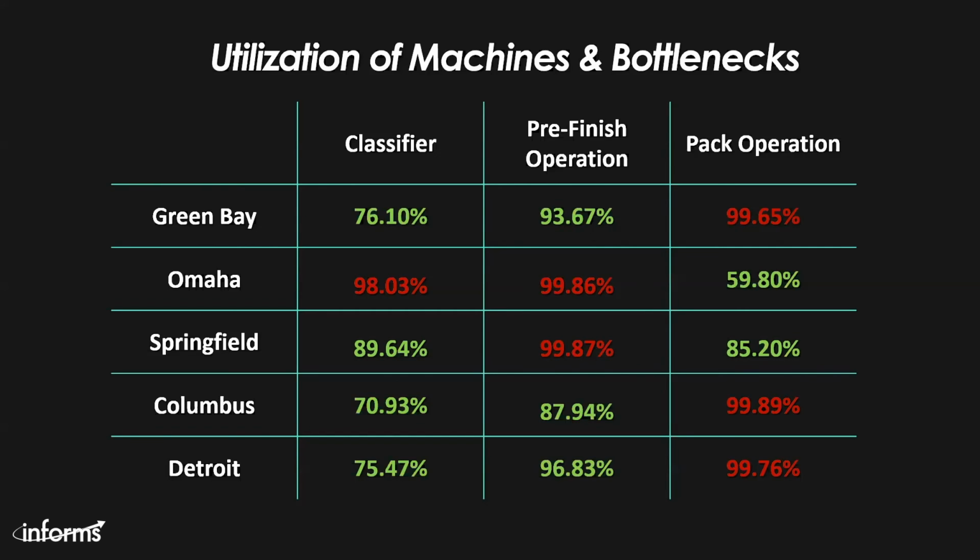For example, if your packaging line is running busy and then your bins in front of the packaging line are all filled up, so now your packaging operation cannot run, right? The pre-finish operation cannot run. At that time, do you consider that pre-finish equipment to be idle, or would you consider the pre-finish equipment to be busy, though it's not working? I think it is counted as idle time for that machine if the machine is not processing.